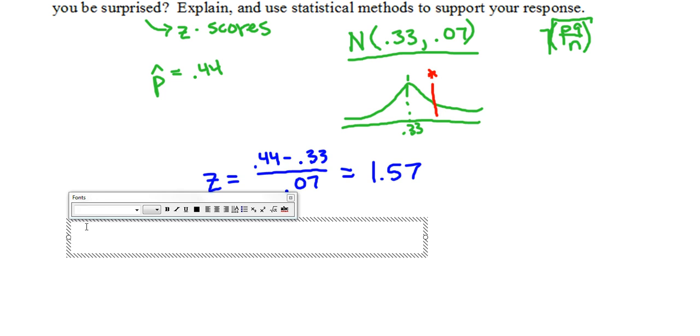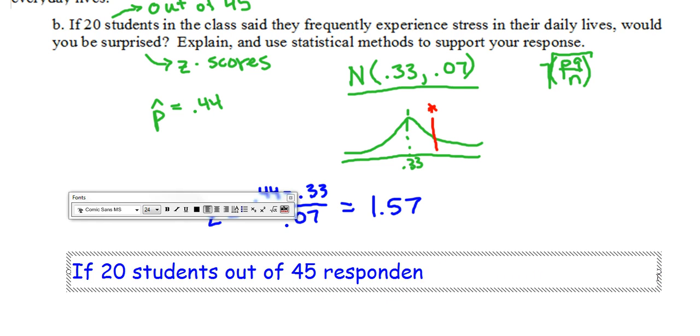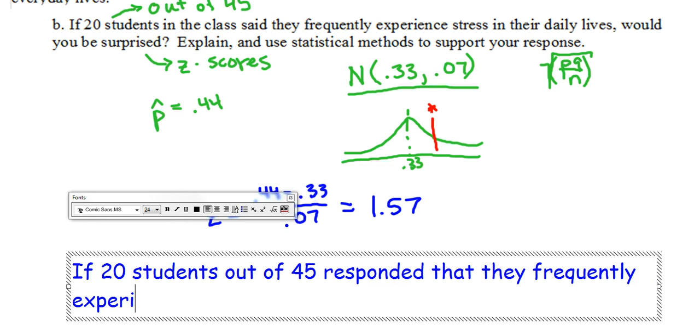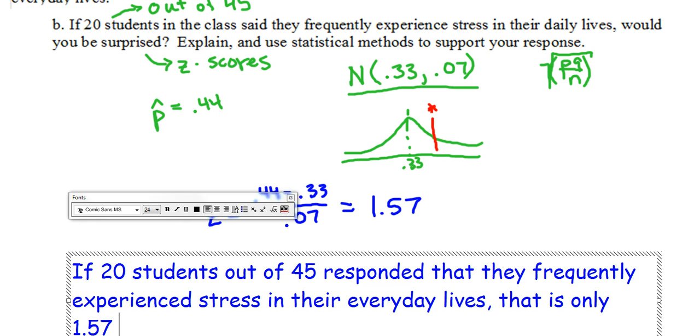So our explanation here at the end, using statistical methods to support your response, we would say something to the effect of: if 20 students out of 45 responded that they frequently experienced stress in their everyday lives, that is only 1.57 standard deviations above the mean.